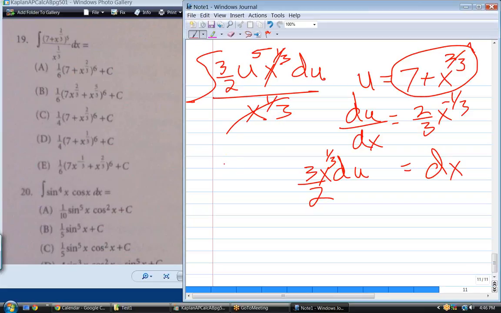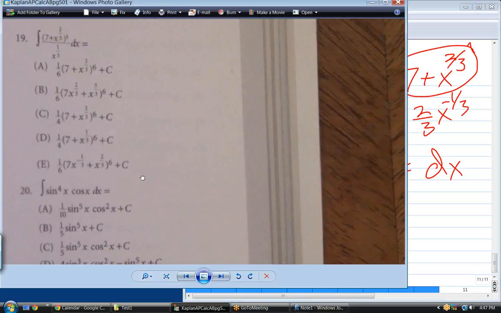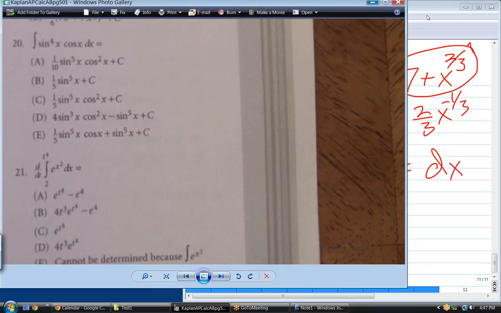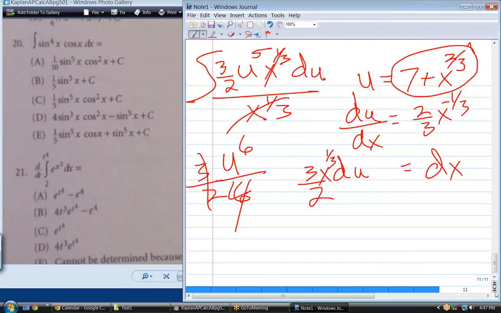So it's u to the 6 divided by 6 with a 3/2 out there, which is 1/4. So I'm going to be multiplying everything by this. This is the correct answer right here. All right. 20. I got ahead of myself when I gave you the example.